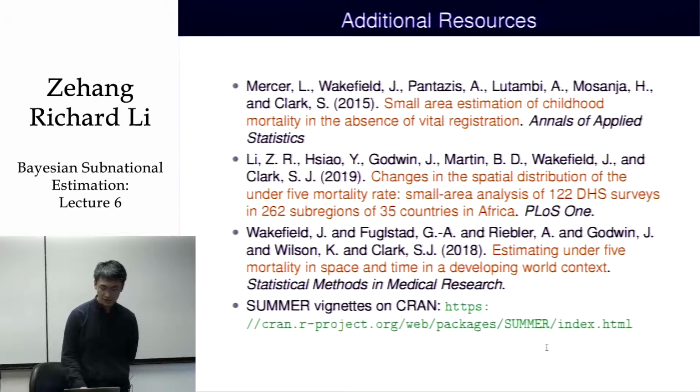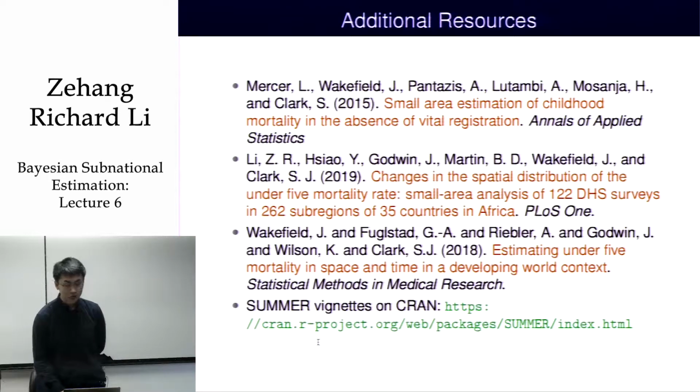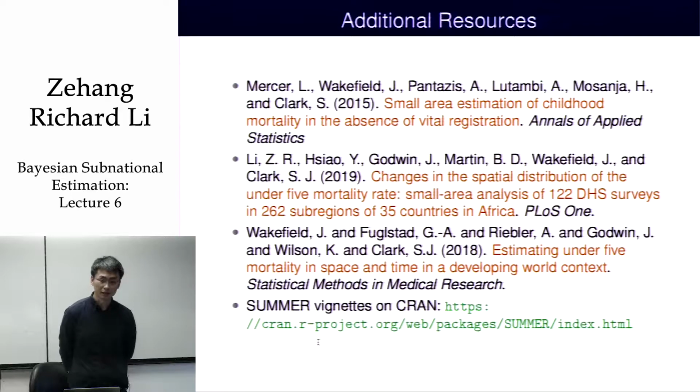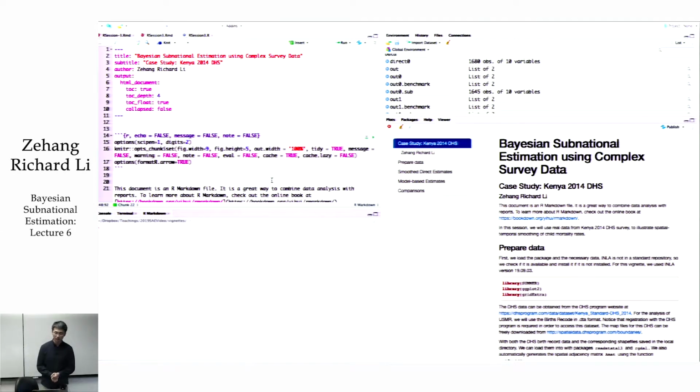And if you go to the CRAN site of the SUMMER package, there is more documentation and explanation on how to fit this kind of model. With that, I will switch to RStudio and see things in real action. Okay, this is the familiar RStudio that we have looked at in the previous lectures.